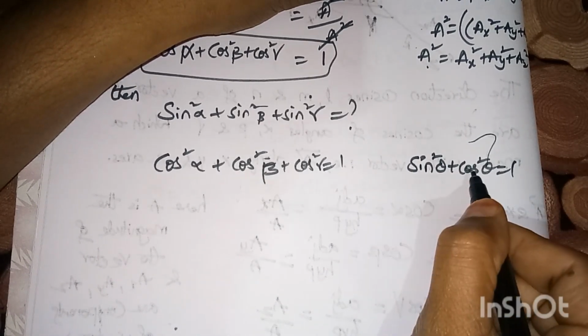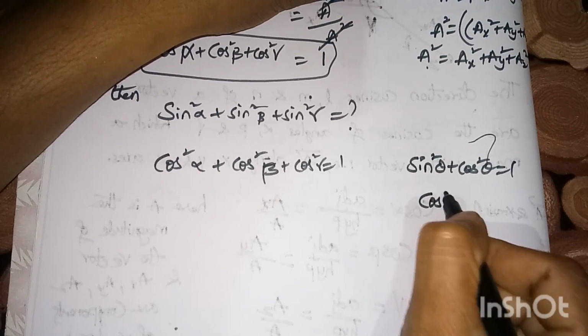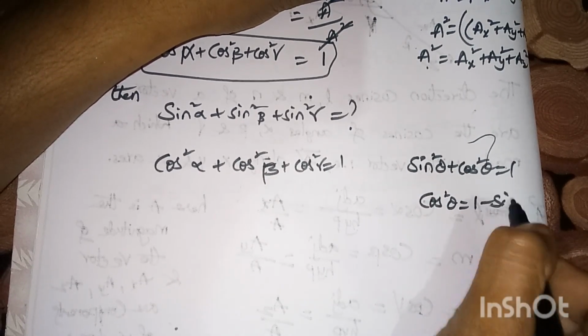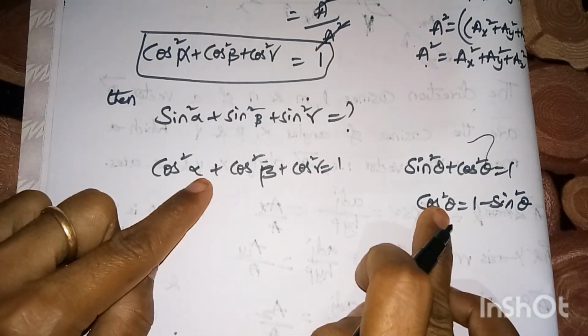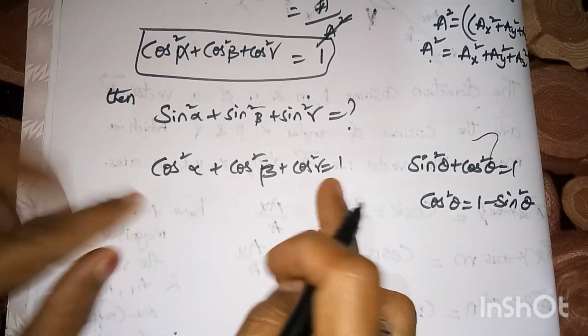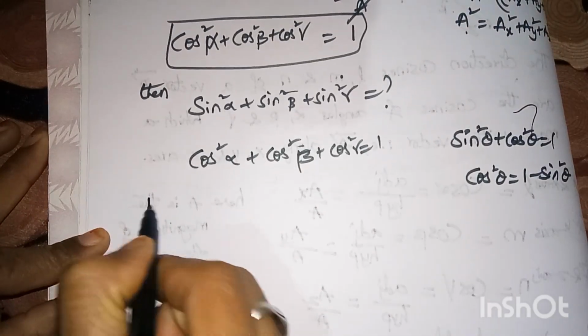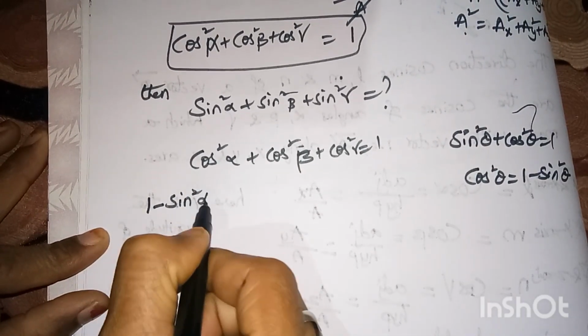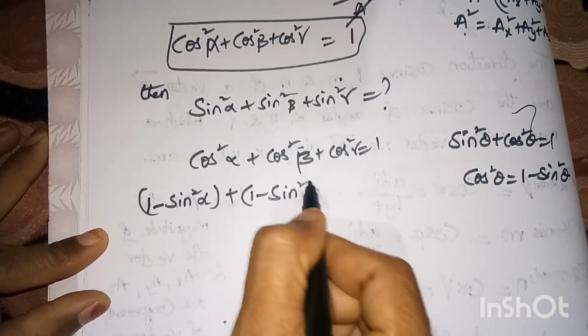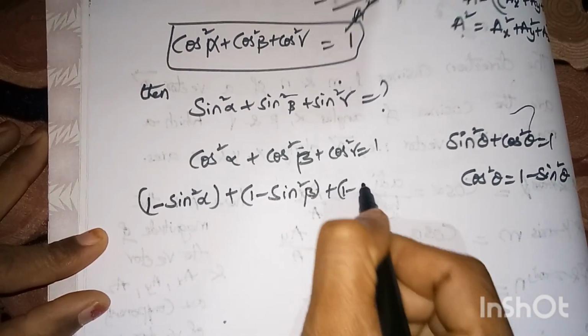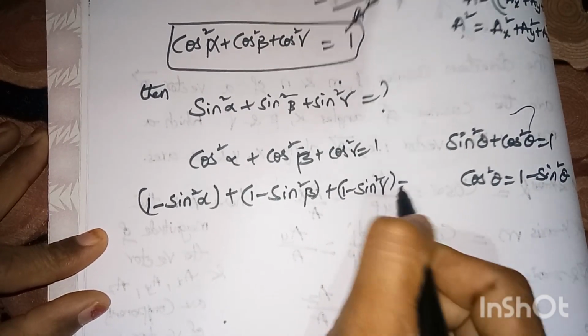So you want cos square theta, so cos square theta is equal to 1 minus sin square theta. So here in place of theta we have to replace alpha, beta and gamma. So cos square alpha can be written as 1 minus sin square alpha, plus 1 minus sin square beta, plus 1 minus sin square gamma is equal to 1.